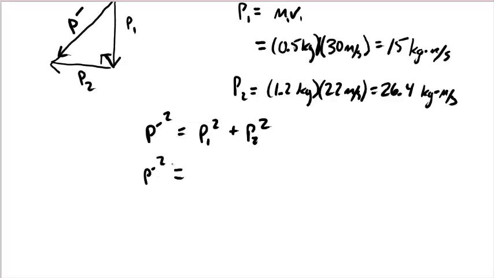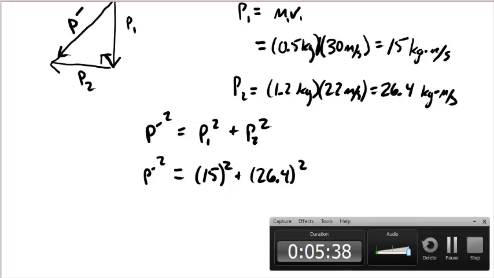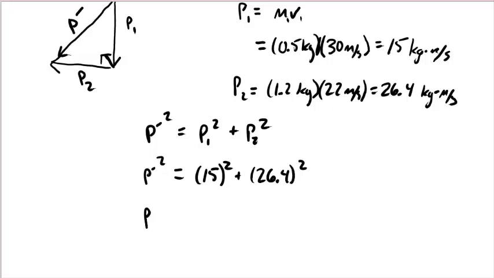So momentum after squared is equal to 15 squared plus 26.4 squared. So if we work this out, it becomes 30.3638 kilogram meters per second.